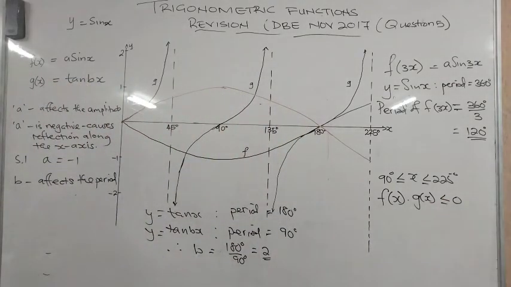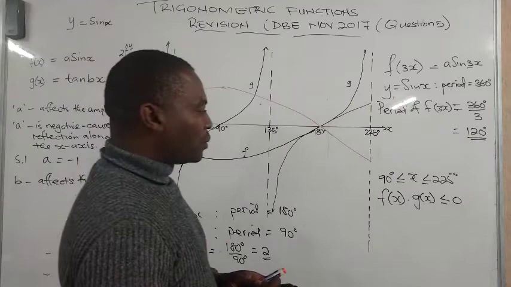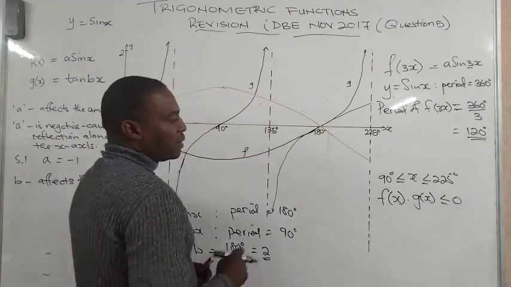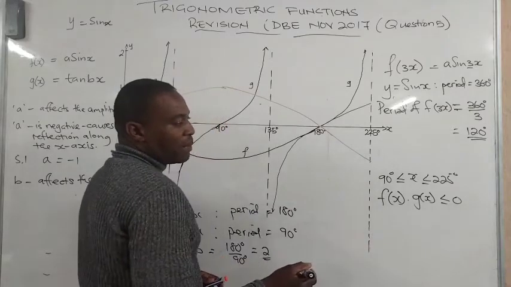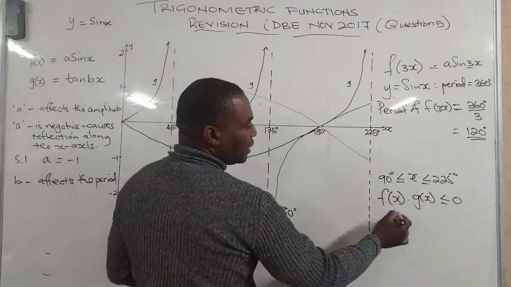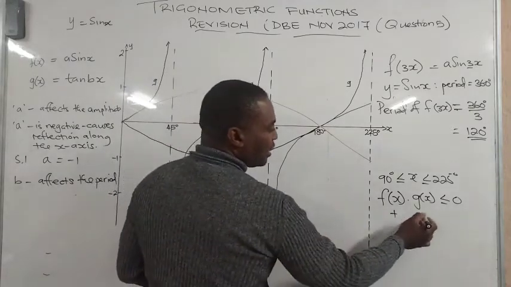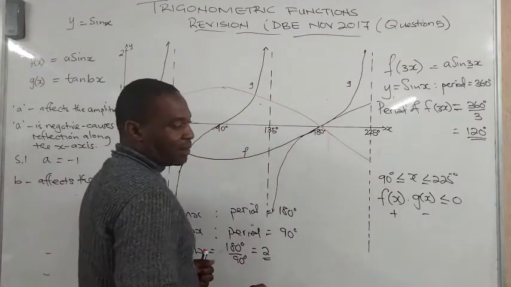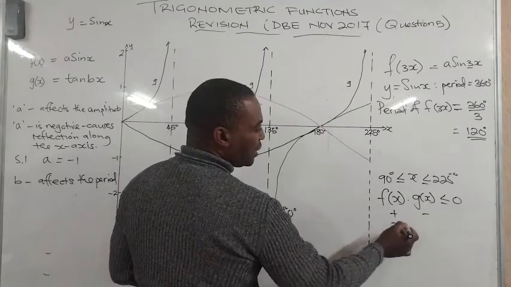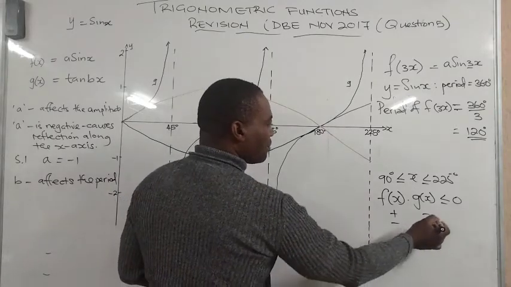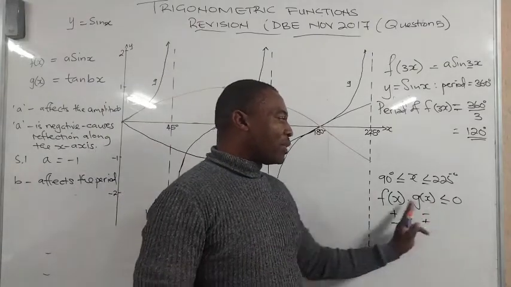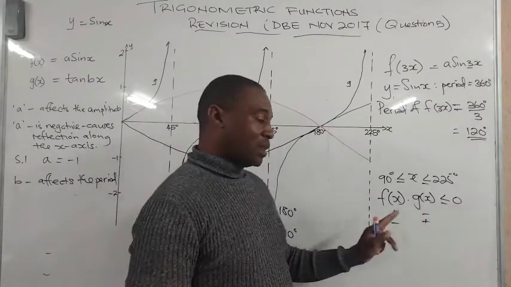Alright, so if the product of these two is less or equal to 0, that means the conditions that we may have here, this may be positive and this one will be negative for us to get something that is less than 0, or the opposite, this can be negative and this can be positive. And don't forget that the product can also be 0.